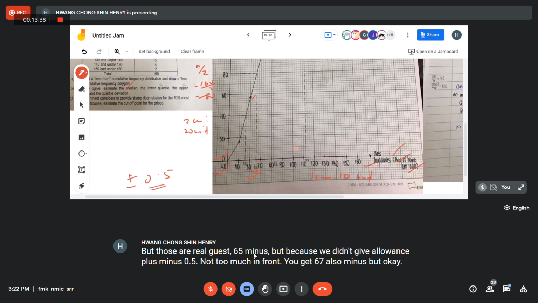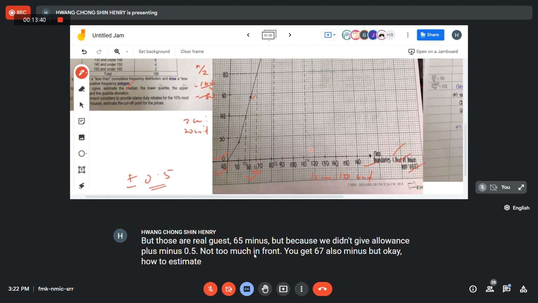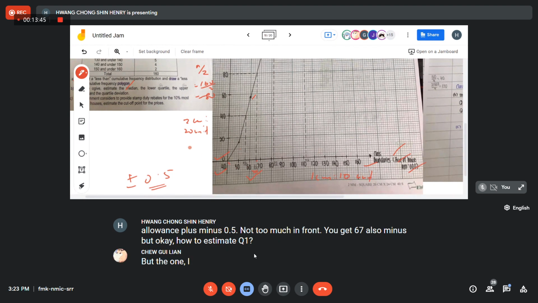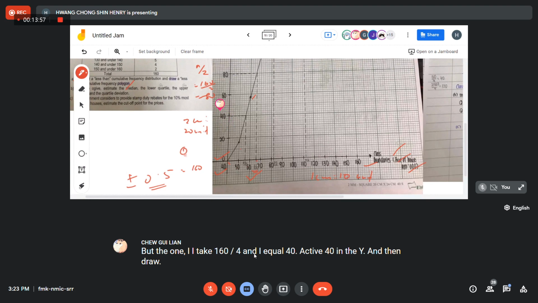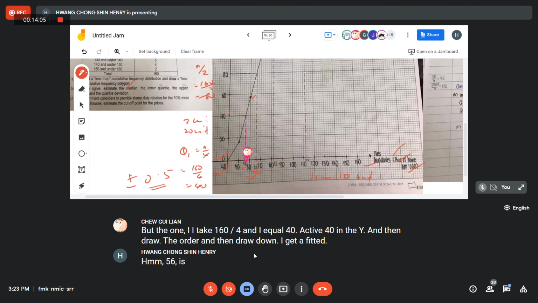Okay. How to estimate Q1? Quarter one, I take 160 divided by 4 and then I get 40. I take 40 on the Y axis and then draw until the ogive and then draw down. I get the 56. Is this given as 56?